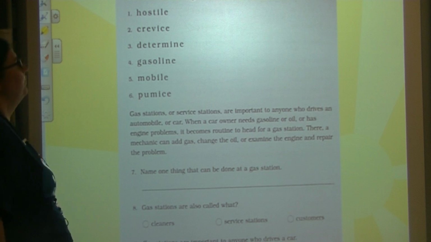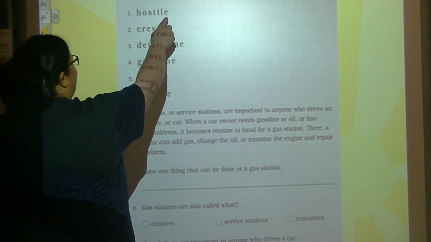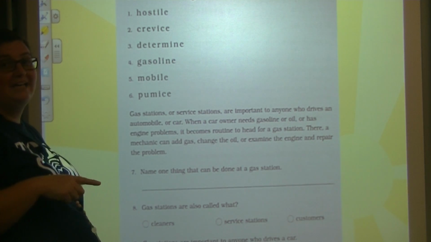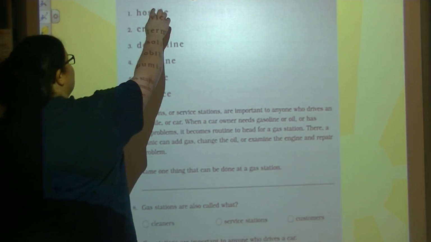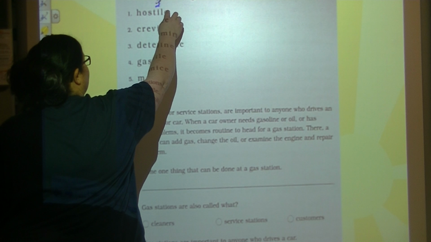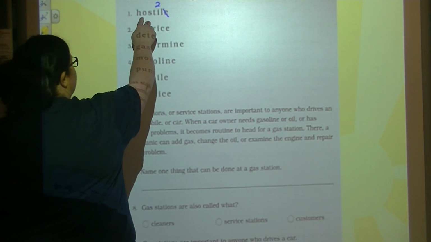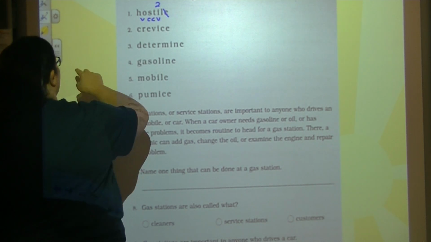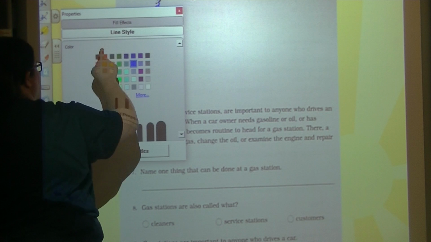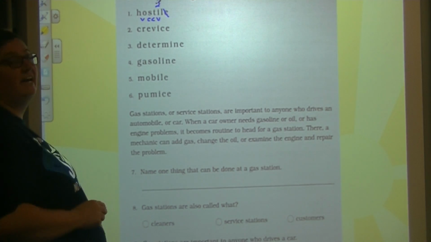All right, number 1. We have I-L-E. We know that I is a what sound now? Schwa. So go ahead and put your schwa sound there. Cross out your sneaky E. You have 2 vowels with 2 consonants. Where will we divide?